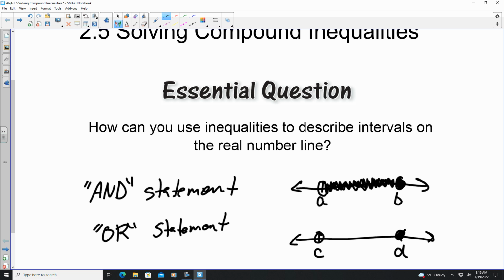So D is going to be shaded this way over here. C is going to be shaded this way over here. So that is typically what a graph of an and statement looks like and a graph of an or statement. Knowing what those are going to be is going to help us determine the consistency of each individual problem.